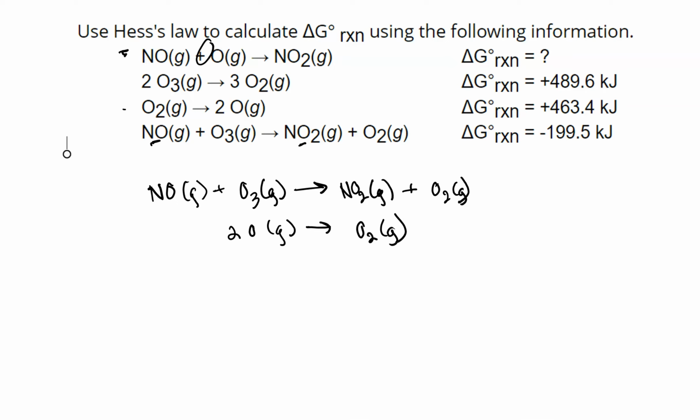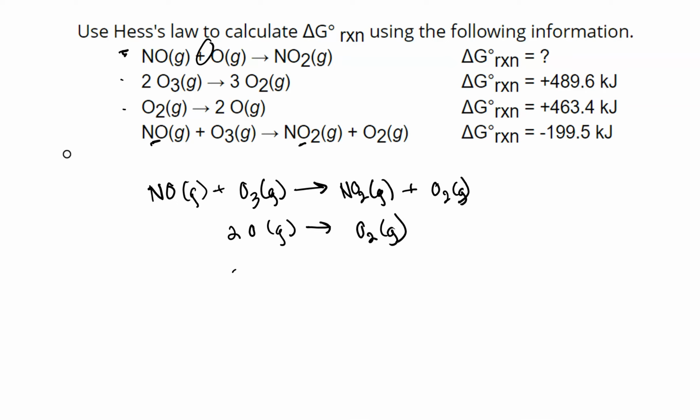What else do we have to deal with? Well, we have to deal with the presence of O3 in the mix here, because we need to get rid of that. Well, in our first equation, 2 O3s go to 3 O2s. So to get rid of that O3, we need to put it on the opposite side.